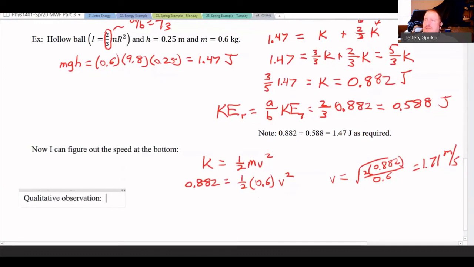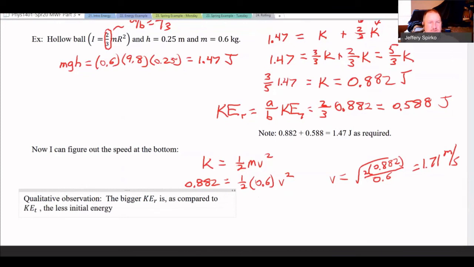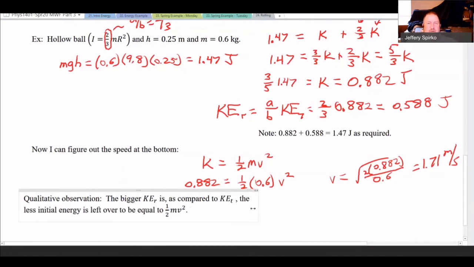I want to make one more qualitative observation before I close down the lesson here, and that is the bigger our kinetic energy of rotation is as compared to the Ke of translation, that means that there's less initial energy left over to be equal to 1/2 mv squared.